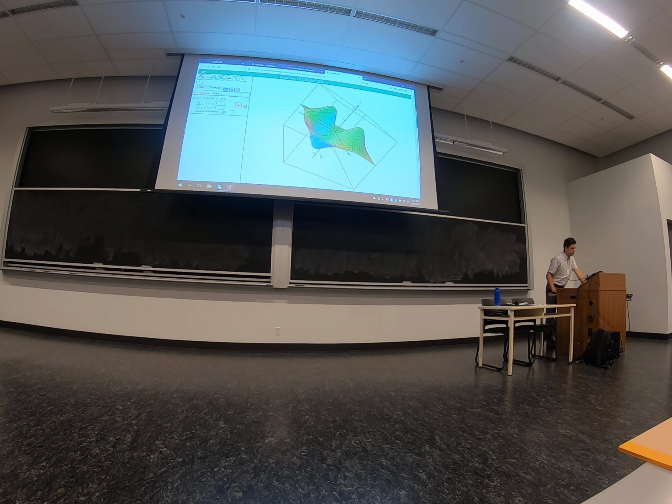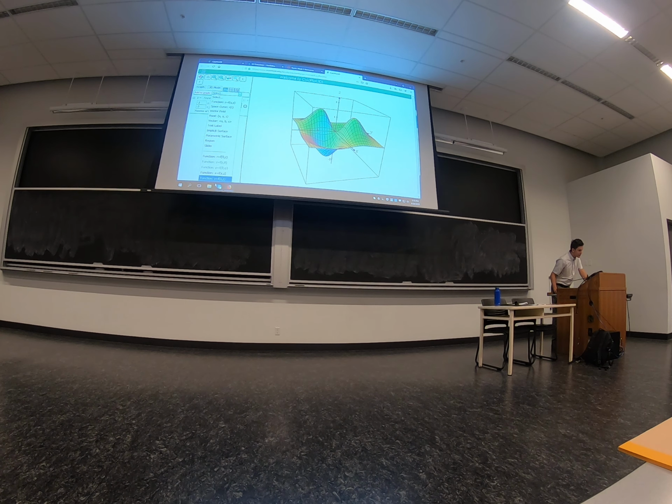First off, it produces these nice pictures, but it's got a lot of different kinds of functions. You can graph many different kinds of things. It also has a lot of examples, and these examples are neat to look at.